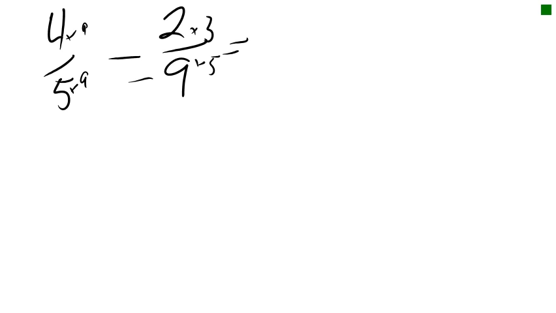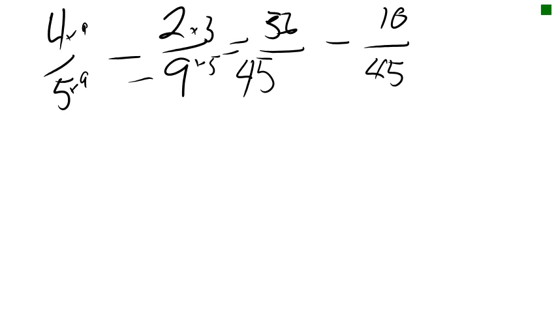So we will have 9 times 4, and then we have 9 times 5, and then subtracting a 10/45ths. Then just subtract right across. That's 26 over 45.